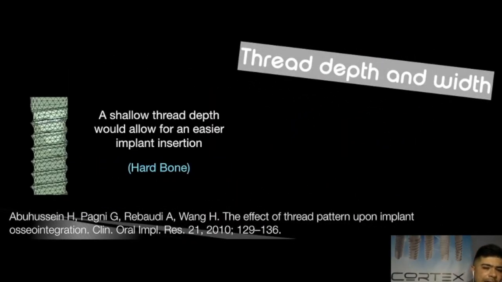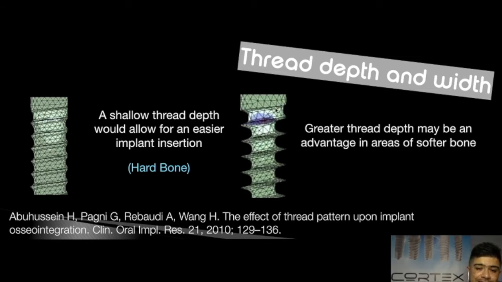When we talk about a classic implant, we have an implant with a shallow thread depth. I mean, this implant is easier for insertion in hard bone because the thread is not so aggressive.